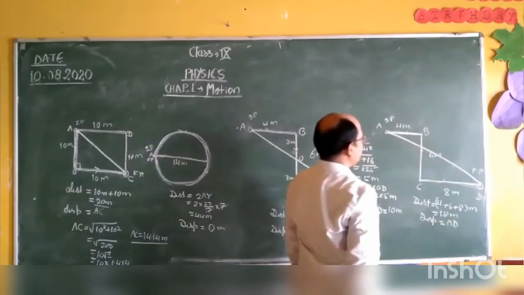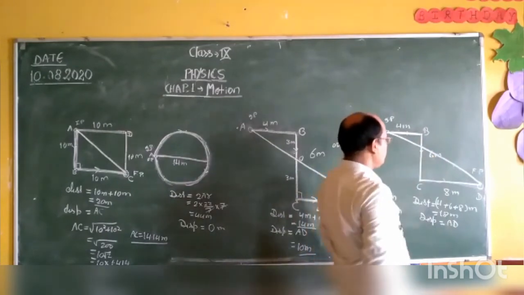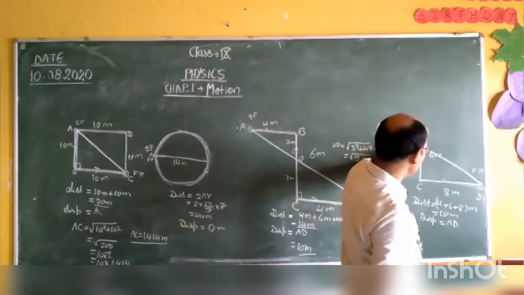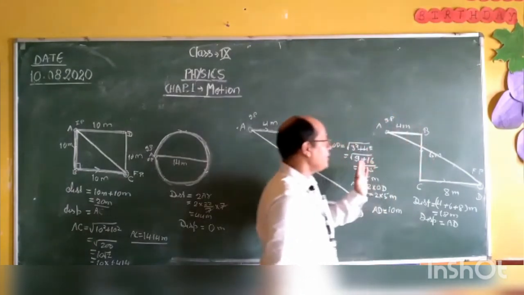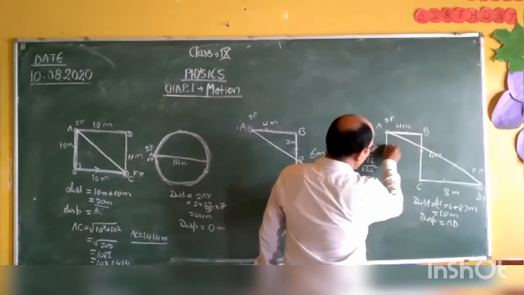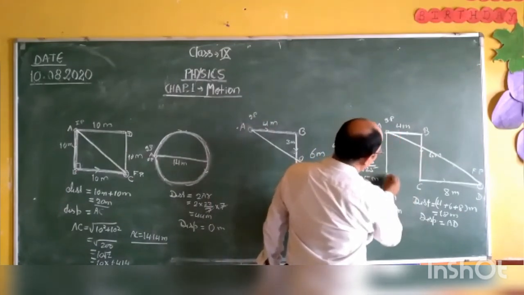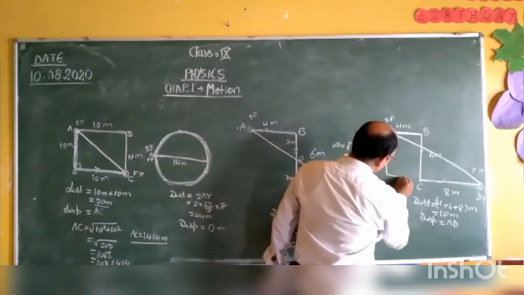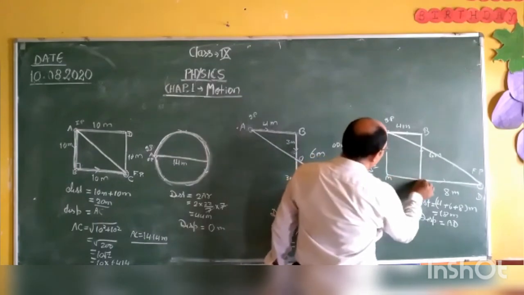Then how can we find AD? This one is not moved through the midpoint, so we cannot divide 6 meter into 3 meter and 3 meter. So how can I find AD in this case? Draw an imaginary line parallel to BC. Take it as AM, join MC.